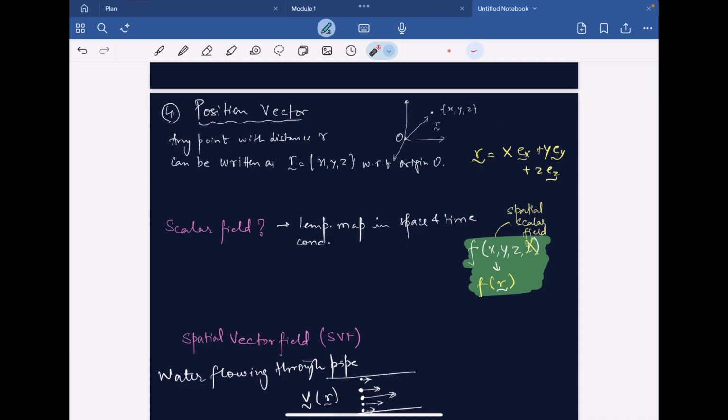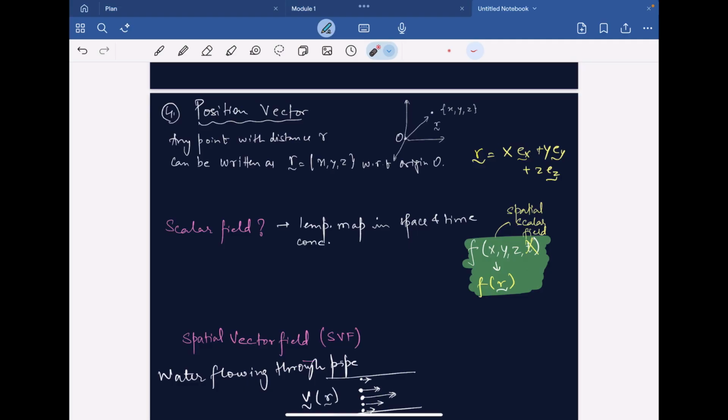I'll try to be consistent, but they are so interchangeable within the textbooks and reference books that it can be a bit confusing sometimes. But if I'm telling you up front, I hope this clarifies. So basically it means that you have this location with XYZ coordinates multiplied by the unit vectors, and that's all.